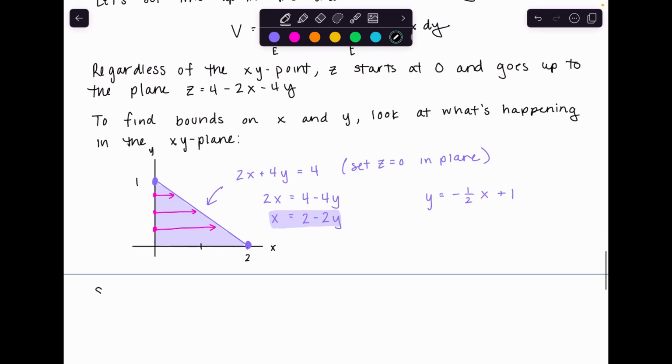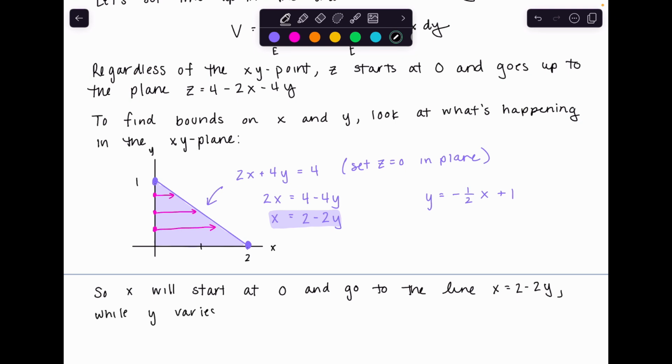So here, x will start at 0 and go to the line x equals 2 minus 2y, while y varies between 0 and 1.